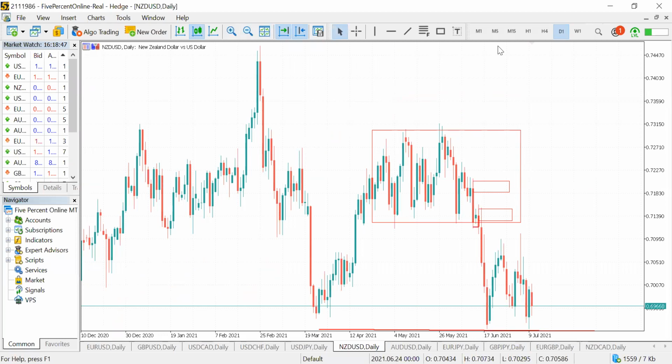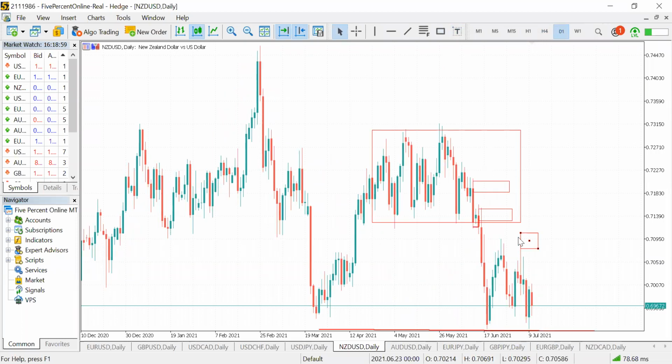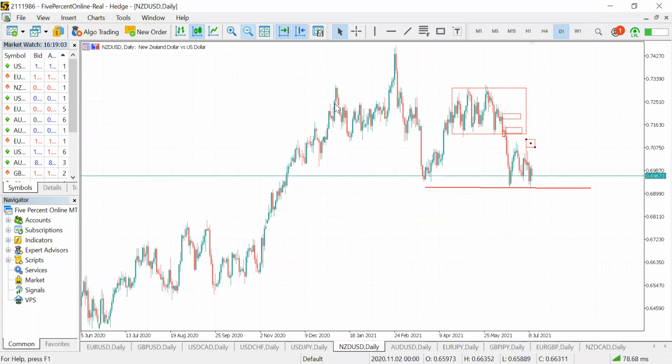If we go to our list, let's see if we can find anything. Probably here, but it's not a very clear one. Okay, so that would be a demand, but it's not a very strong one. A lot of sideways movement. There was an attempt to break, and that held.